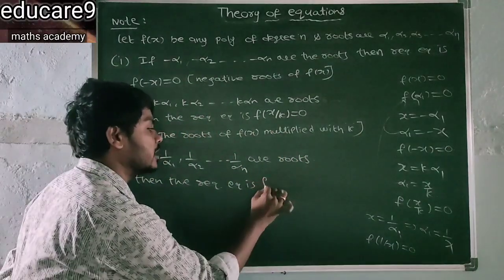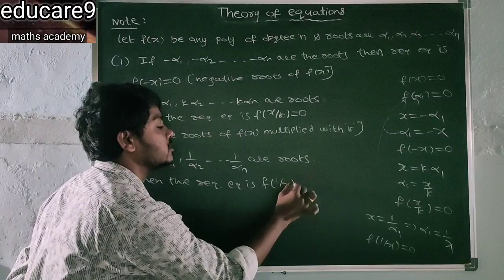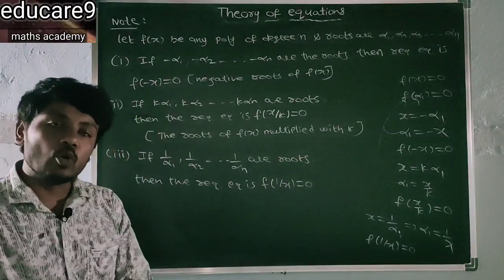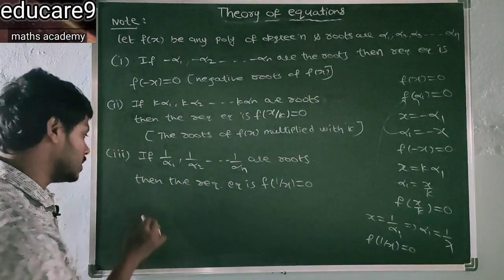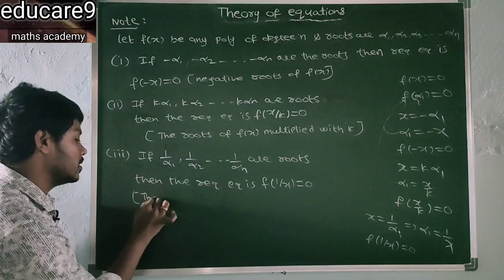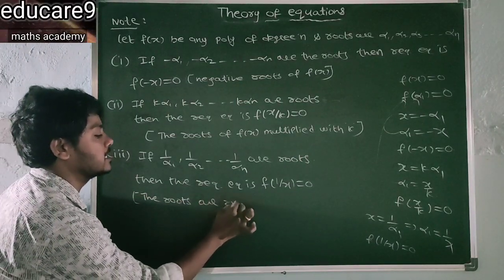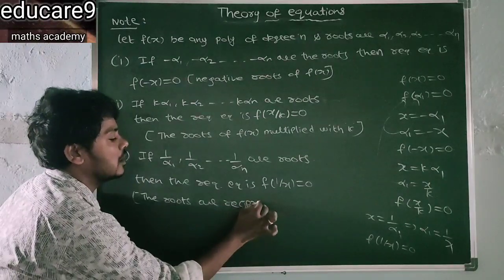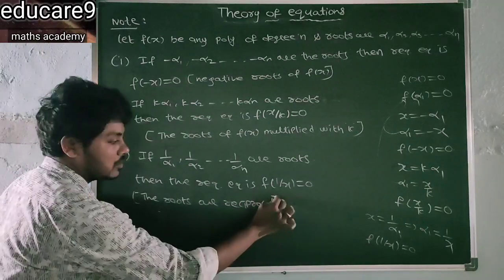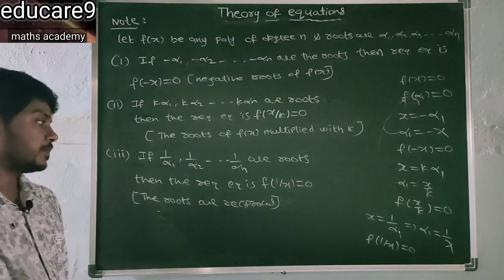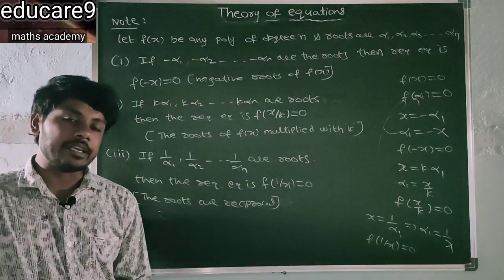Therefore, the equation is what? f(1/x) is equal to 0. So, when the roots are reciprocal. So these are the three conditions.